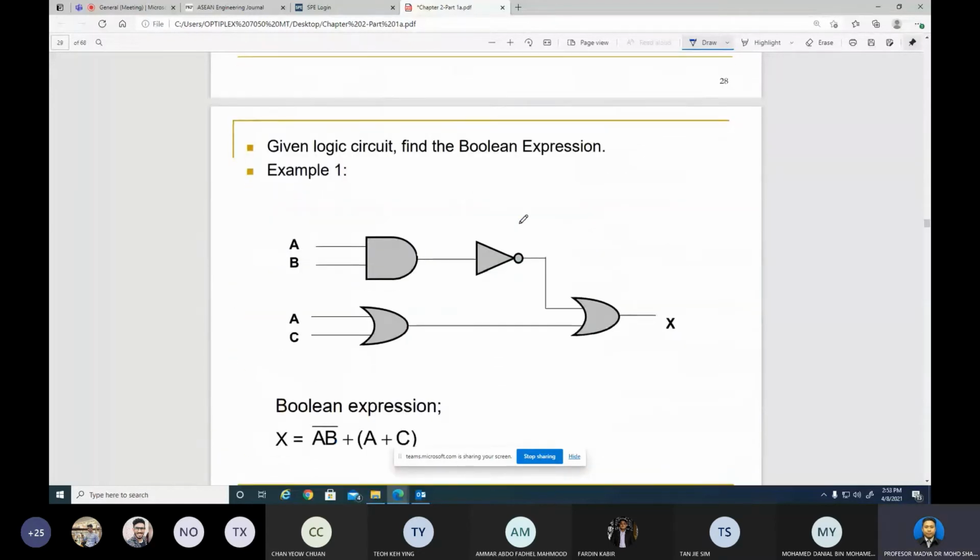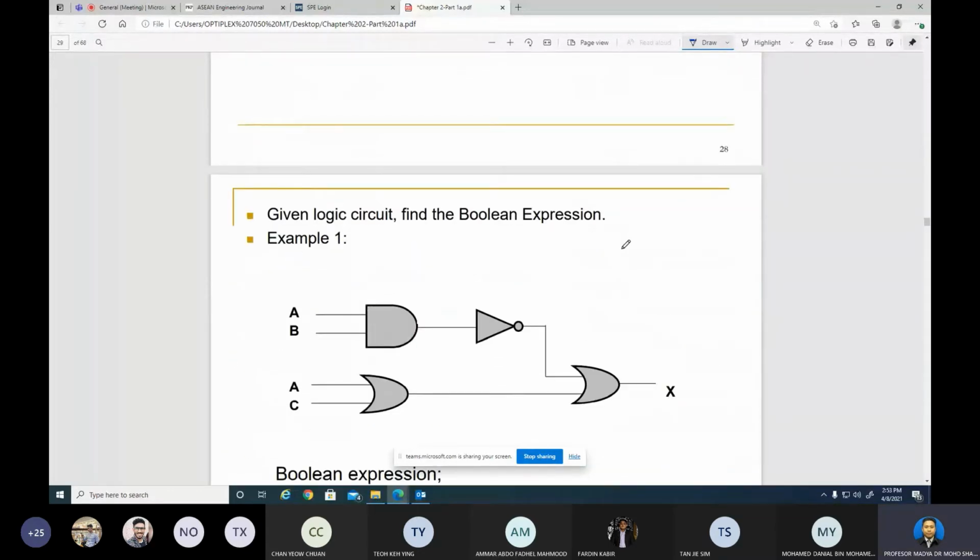For example, this one. I will show the output first. We have this logic circuit, a combination of 1, 2, 3, 4 logic gates. We have the AND gate, the OR gate, the inverter, and also another OR gate. We have to get the output for X here.